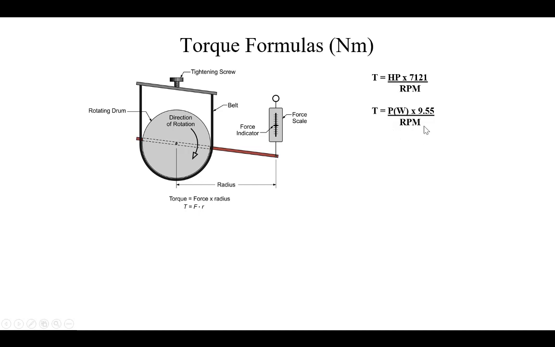I would suggest just memorizing one formula, the one that uses power in watts, because you can always convert horsepower to watts. Then you should be reasonably comfortable solving it for power and solving it for RPM. Hopefully you're fairly comfortable rearranging formulas that way.